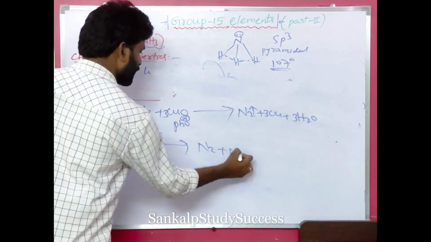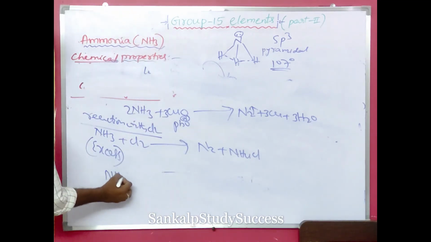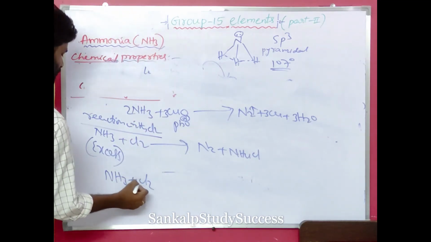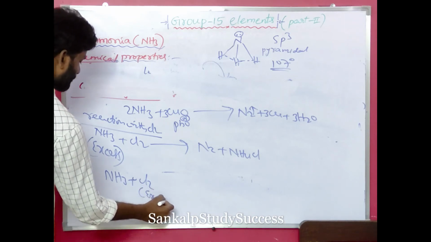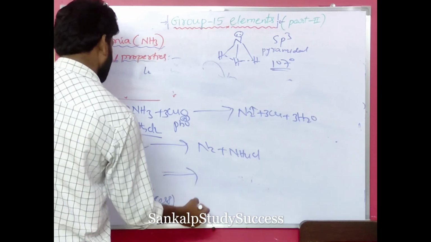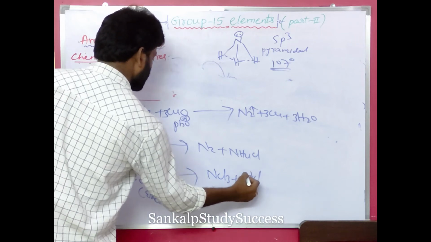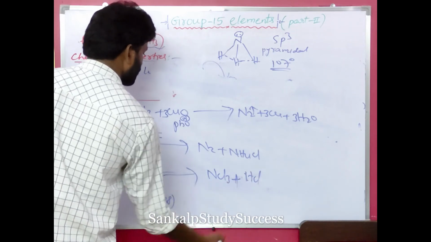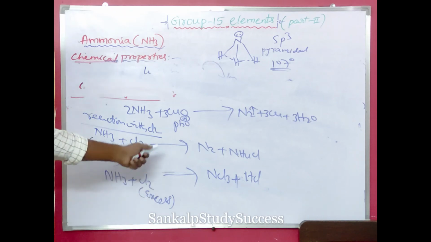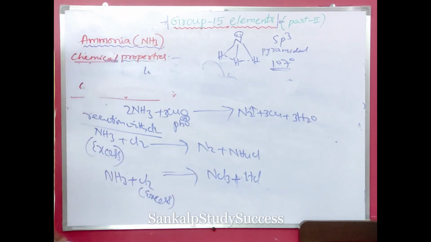Nitrogen plus ammonium chloride is obtained. If you take an excess of chlorine, what is obtained? NCl3 and HCl are obtained. Nitrogen trichloride. So these are the reactions with chlorine.